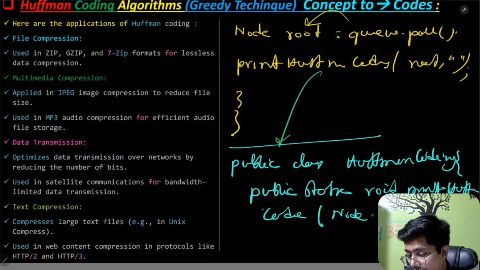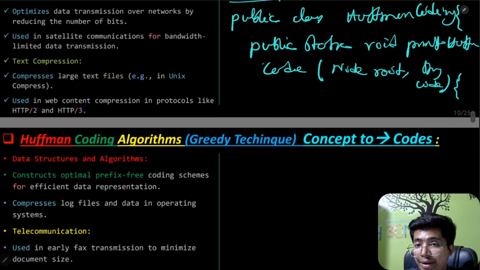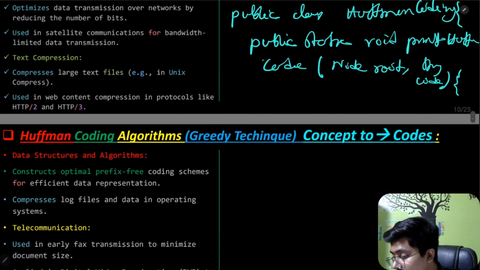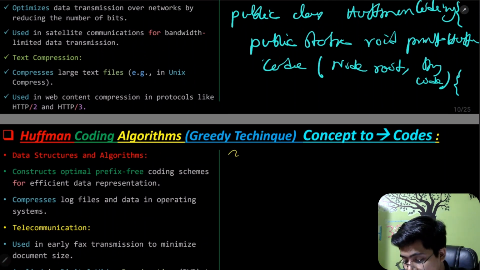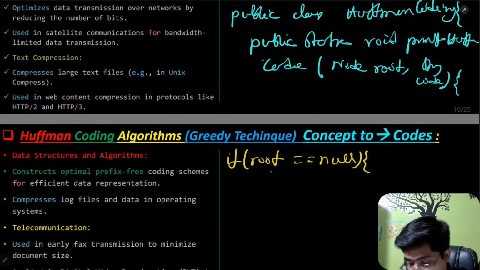Now Node root, as we passed root from wherever we called, and String code. Now we'll check the first condition. Here we have initialized, and we'll check the first condition, whether root is null or not. So first we check if root equals null, and if so we simply return.